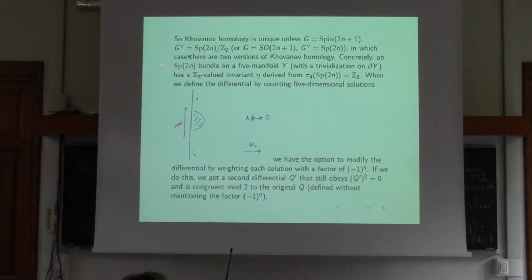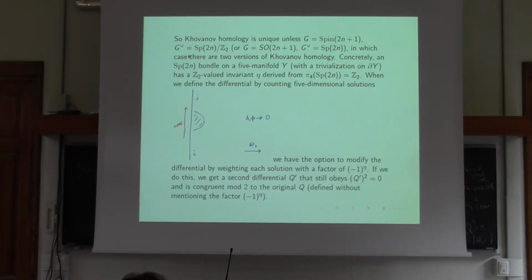Concretely, an Sp 2n bundle on a 5-manifold Y with a trivialization on its boundary has a Z2-valued invariant eta derived from this homotopy group. When we define the differential by counting 5-dimensional solutions, we have the option to modify the differential by weighting each solution with a factor of -1 to the eta.